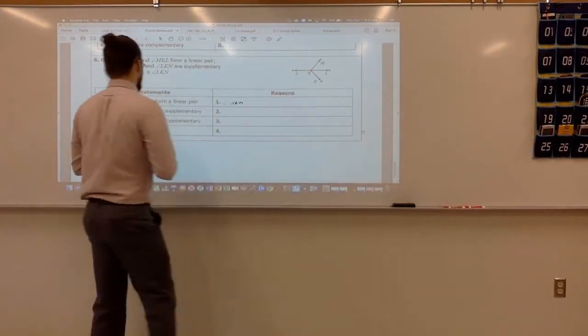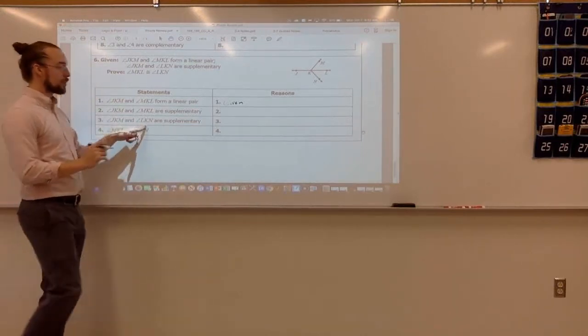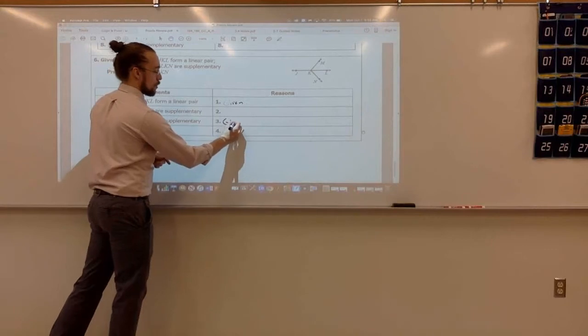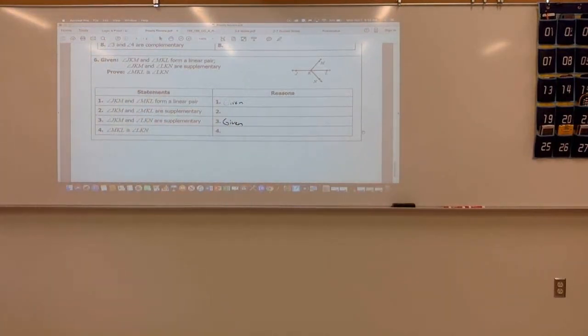And then I'm given JKM and LKN are supplementary, so that's line 3. So of my 4 reasons, 2 of them are given here. Now, if JKM and MKL form a linear pair, why can I say that they're supplementary?